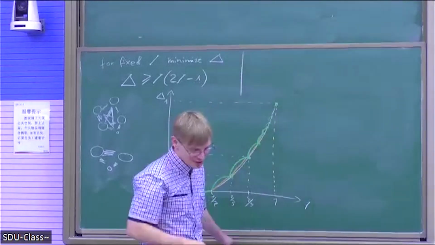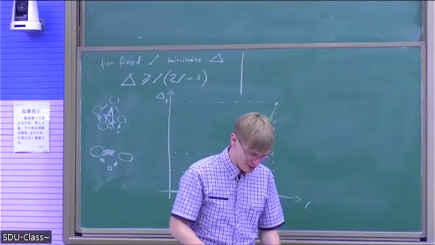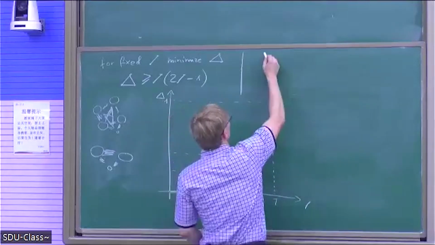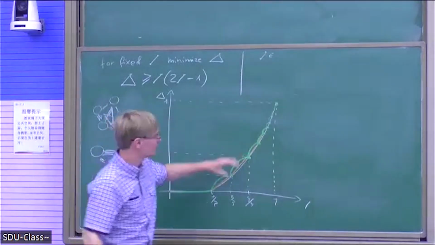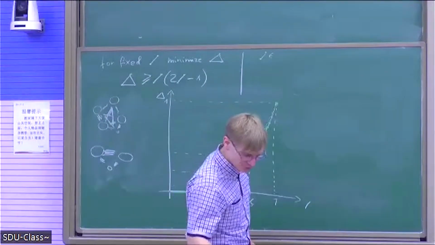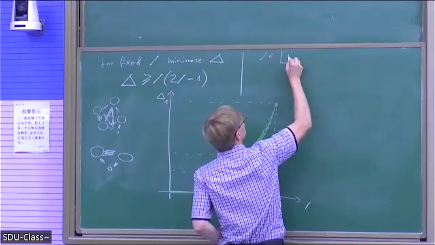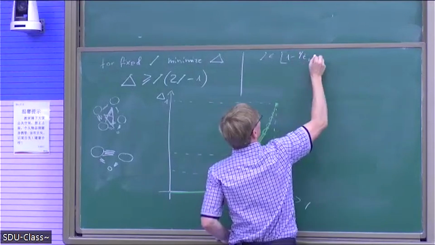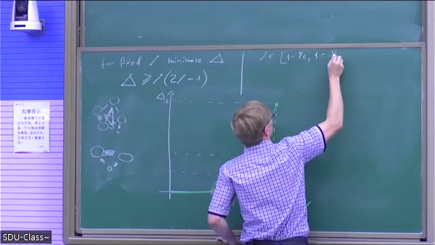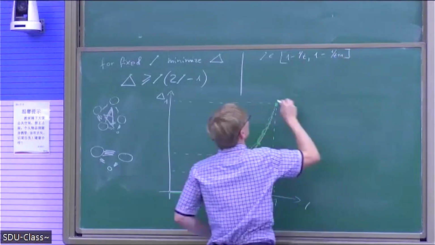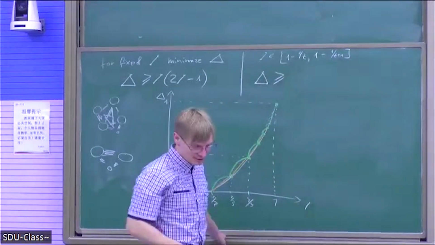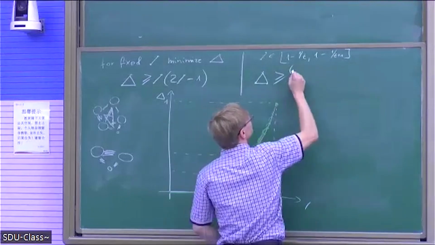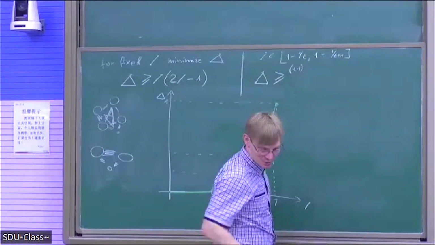So let me write it just to show you how bad it is. If my edge density is in such an interval, the interval between 1 minus 1 over t and 1 minus 1 over t plus 1, then this function is saying that the triangle density is at least t minus 1.